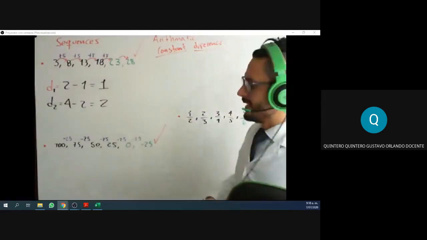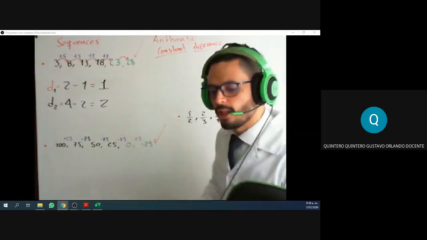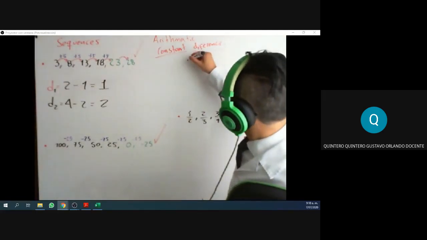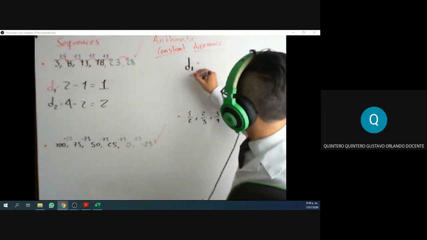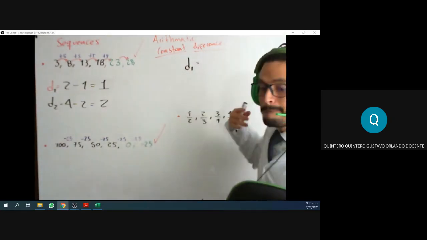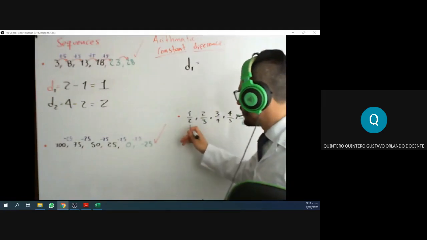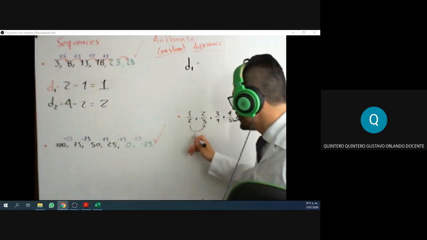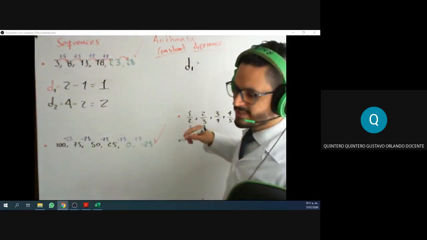All right, let's see. I want you guys to help me with this. Tell me which one is difference 1. Again, D1 makes reference to the first difference. This will be D1, all right? How much is that, guys? Please tell me.